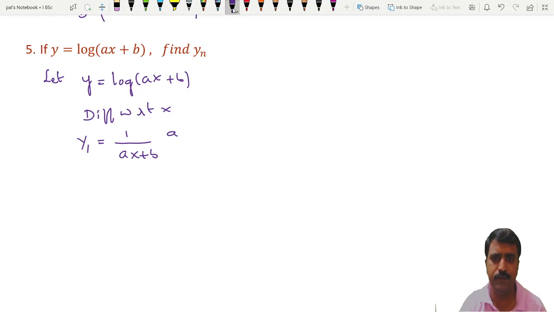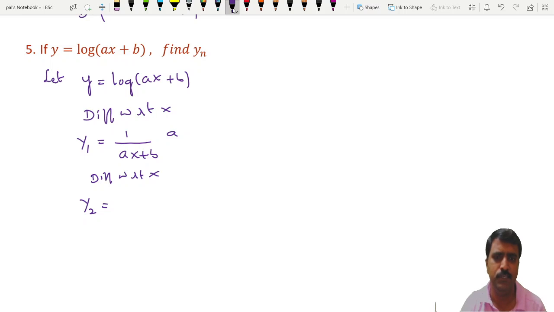Now again we differentiate this y1 with respect to x. Differentiation of y1 is y2. y2 is equal to, it is in the form of 1 by x. Differentiation of 1 by x is minus 1 by x square.